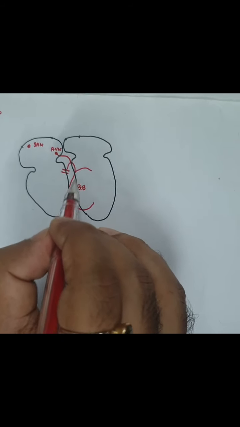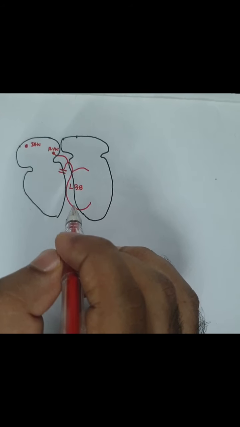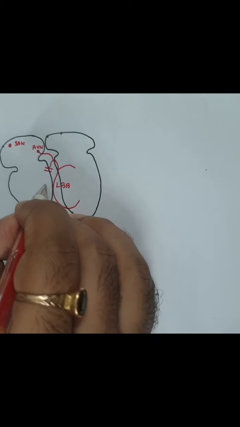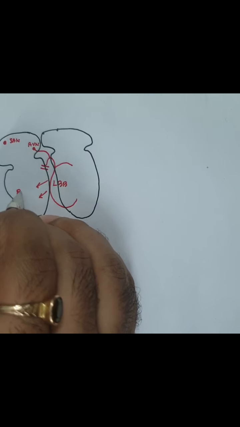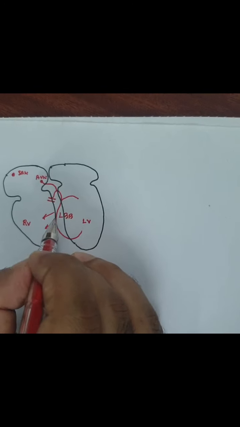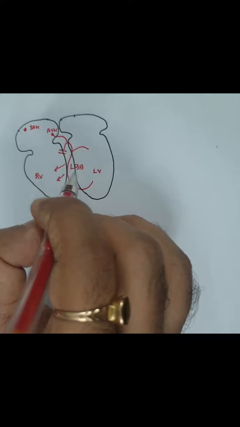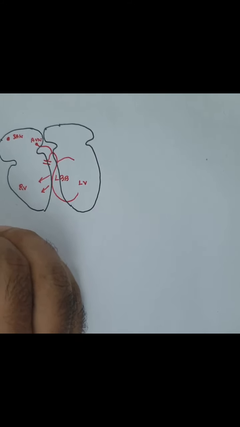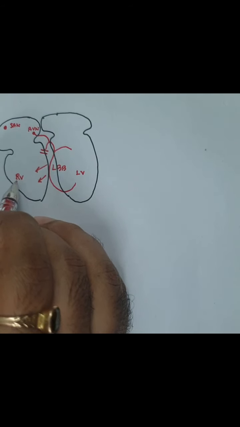As the left bundle branch fibers are totally depolarized now, per rule they will depolarize the right ventricle. So depolarization waves from the left bundle branch will come from this side to the right ventricle. So remember V1, as it's a right ventricular lead, the excitation is going towards the right ventricle.